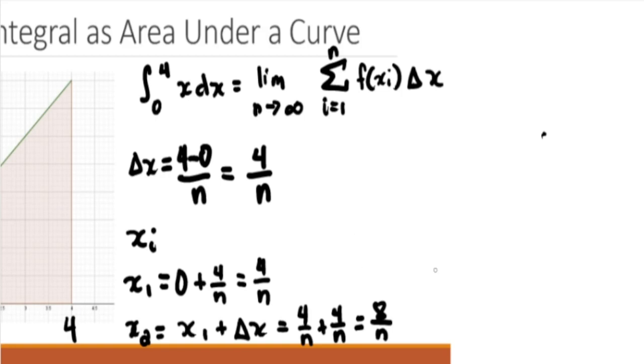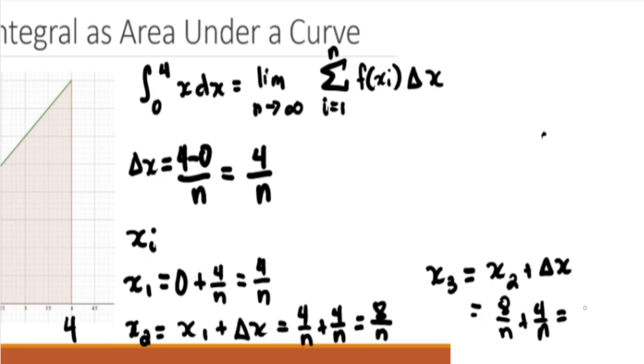Okay, x sub 3, this is x sub 2 plus delta x. Which is 8 over n plus 4 over n or 12 over n. So, hopefully, nakikita na natin yung pattern.